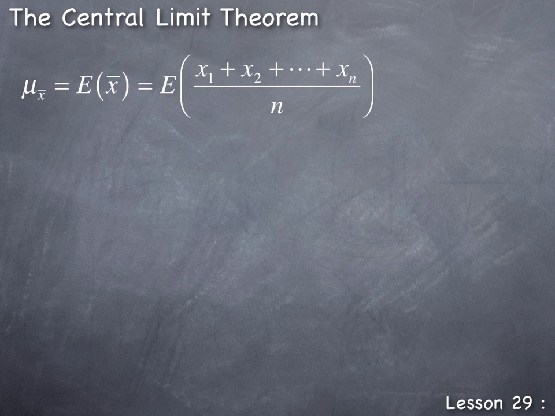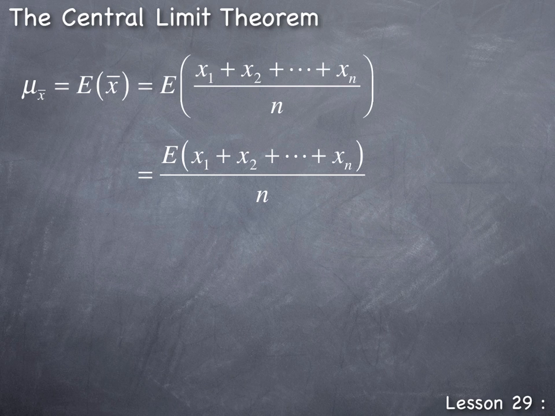One of the properties of the expected value function is that when we divide by a constant within the expected value function, we can divide by that constant outside the expected value function. Thus here we can write it this way. The expected value of the sum of the data values can be divided by n when the sample size n is a constant.